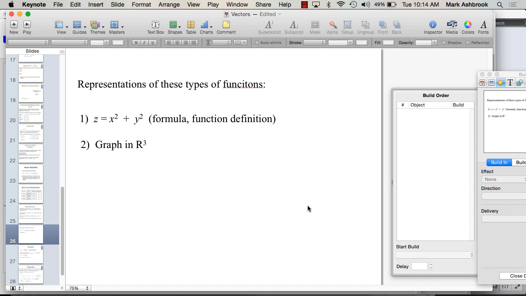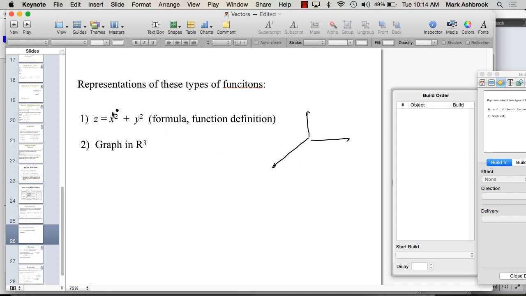Where does the domain come from? Right, where is that? The xy plane would be where our domain of this function is. So for what ordered pairs x and y do we get a valid z?